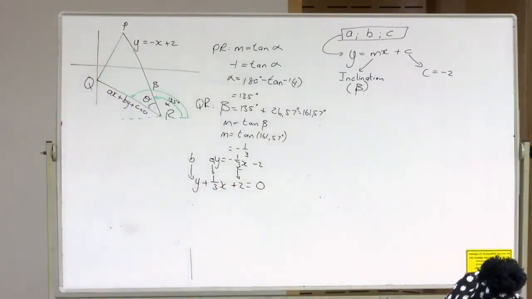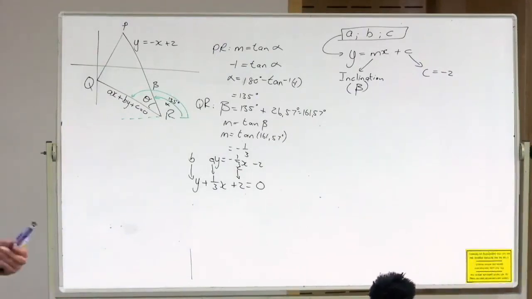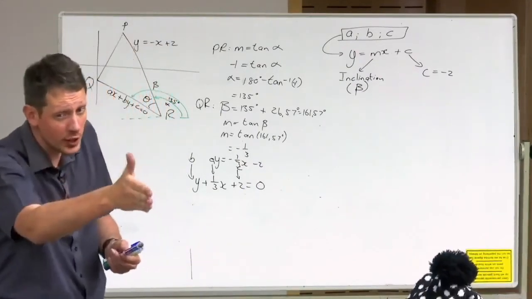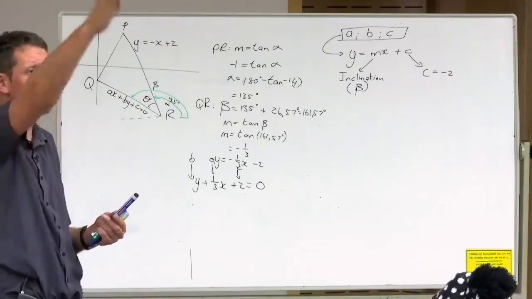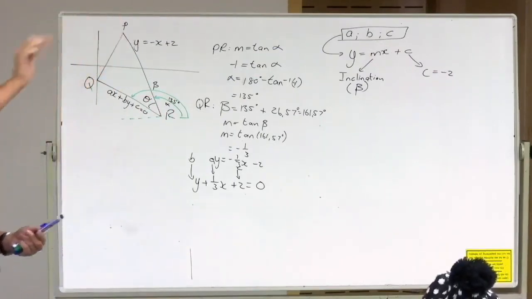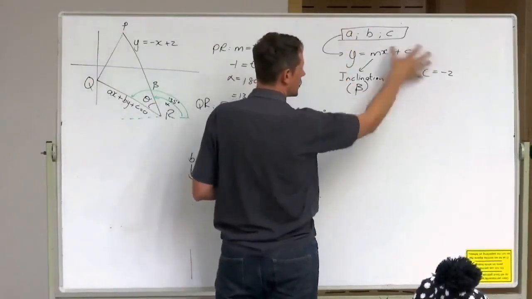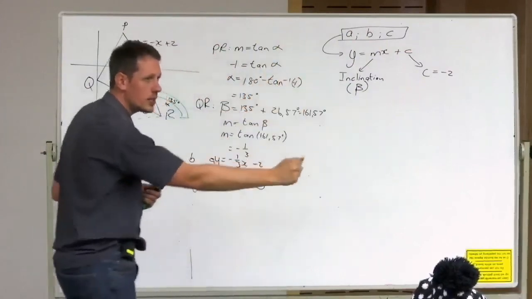Ta-da! Again, ladies and gents, I don't just randomly do things. I purposefully go as directly as possible to my answer. But it helps to break this down into exactly what I need to get there.